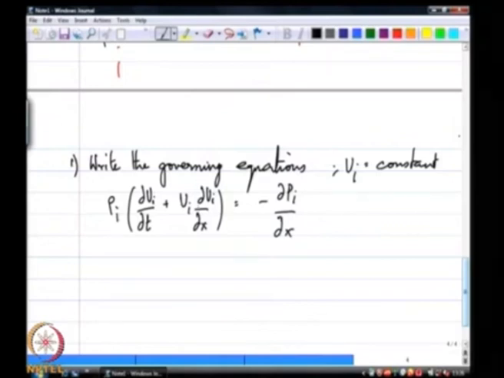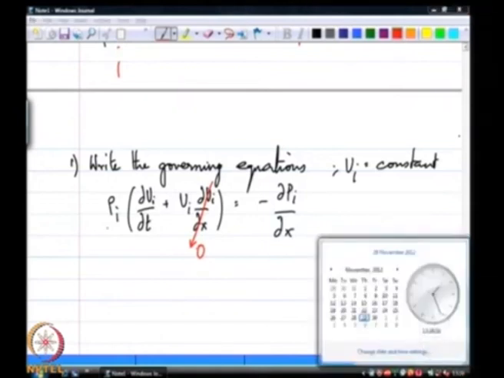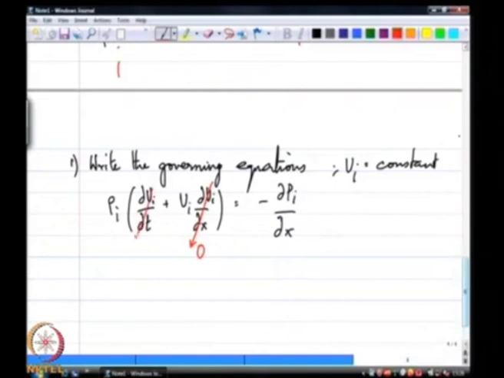So, if I now simplify this equation, u d u I dx is 0 because it is not a function of x, and du dt is also 0, which implies, just like we found in the other case, du dz, well, in this case I should write not x, but z.